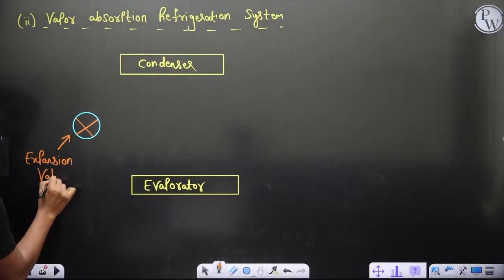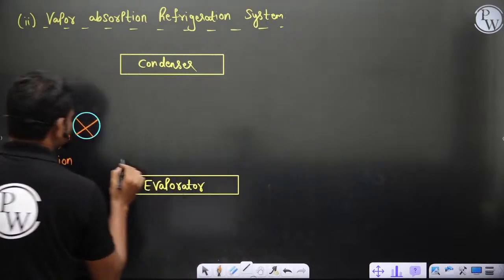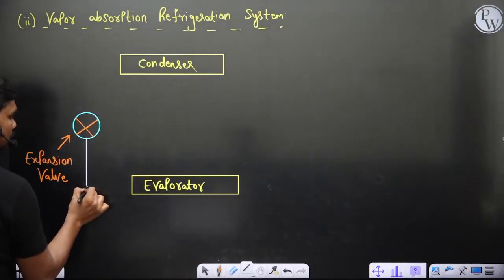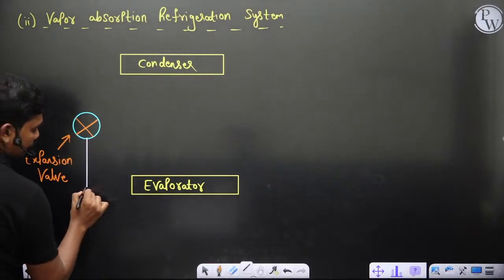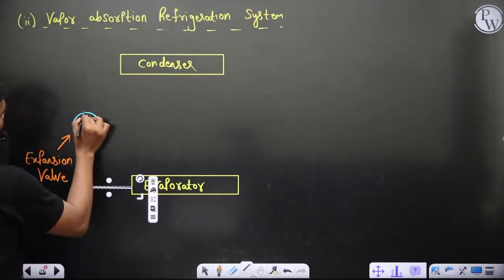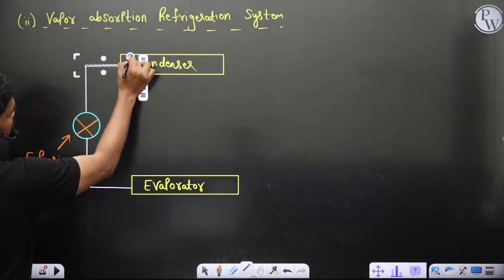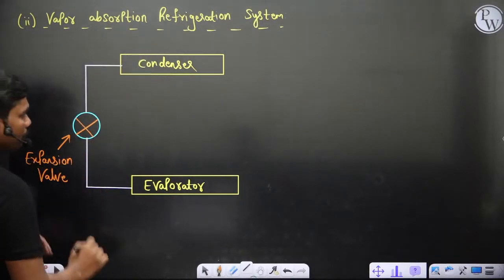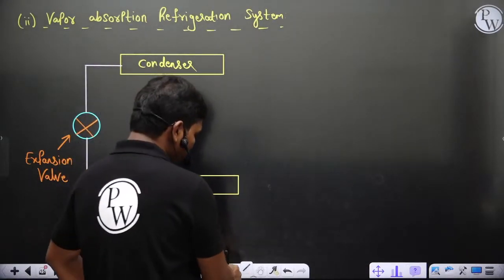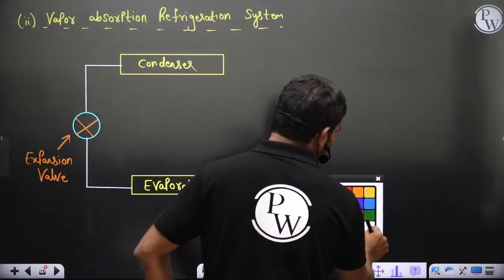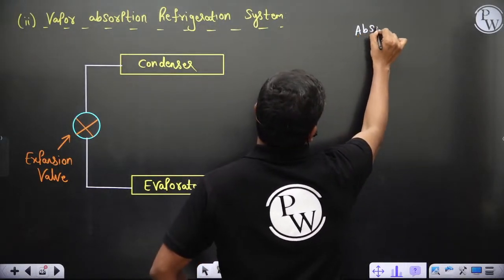So this is your expansion valve. This part is the same till here. The only thing that changes is this configuration. See what happens here. Before going for this cycle directly, I want to explain some bit of chemistry today. Absorbent.